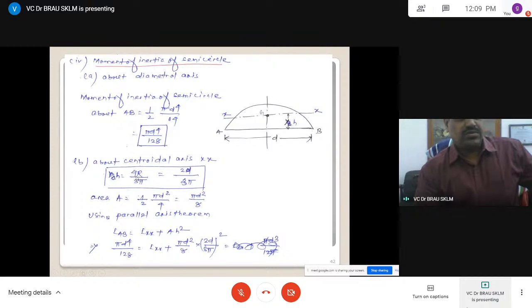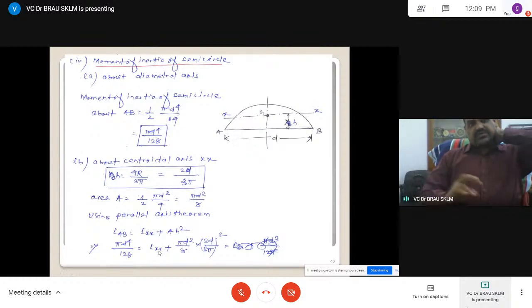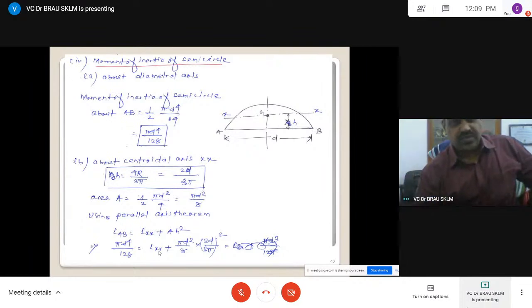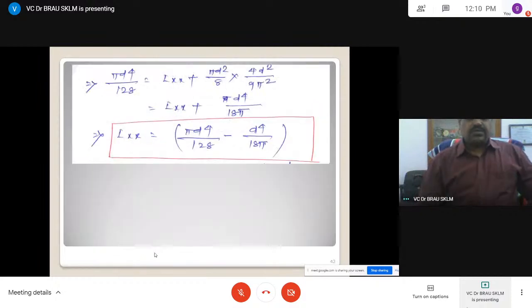You can use 2r equal to d, the diameter, so 2d by 3 pi. The area is pi d square by 8, and this is the moment of inertia passing through this point. Then IAB is equal to Ixx plus A h square. IAB, area and h square are known to you, then Ixx can be found. Vice versa, if IAB is given, Ixx can be determined, and if Ixx is given, IAB can be determined. Simplify, then find out the Ixx.